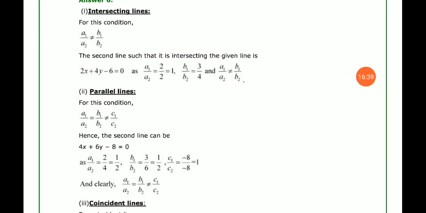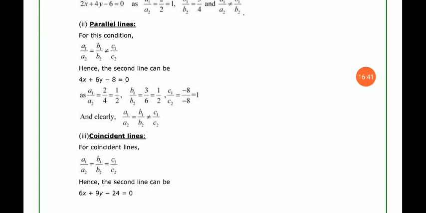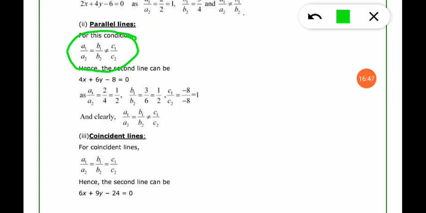Now for parallel lines, again we have a condition: A1 by A2 is equal to B1 by B2 is not equal to C1 by C2. Again, the same way you choose. A1 is 2. Suppose I am choosing A2 as any other multiple of 2, let it be 8.